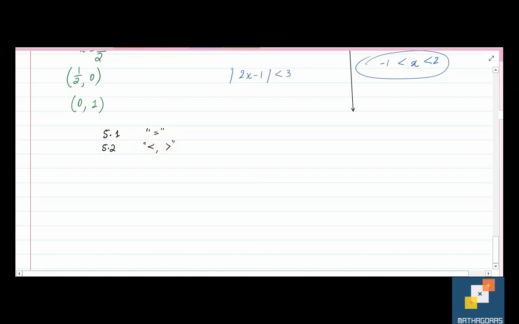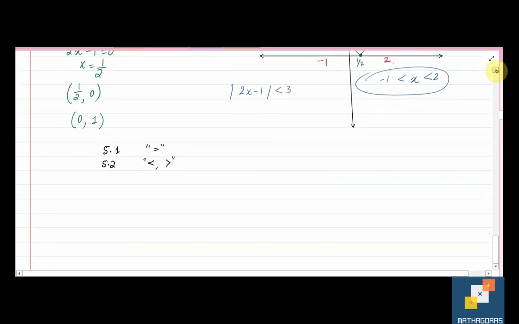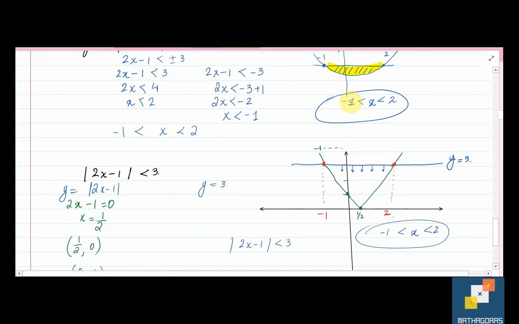Other than this, the procedure, the working, the concepts, the calculation, and everything is the same, but the difference is in the answer. Now your answer must be in a range. When you have an equals sign, you say x equals 1 and x equals 2, but now we have an inequality sign, so our answer should be in an interval, right?